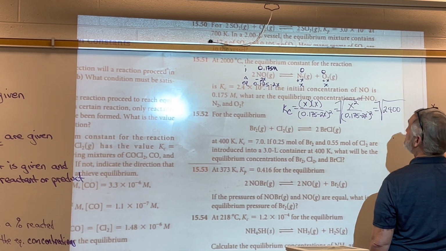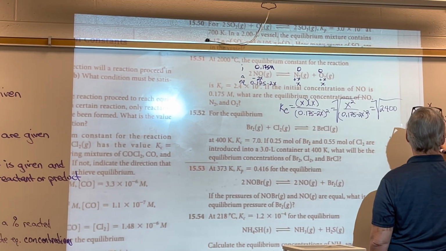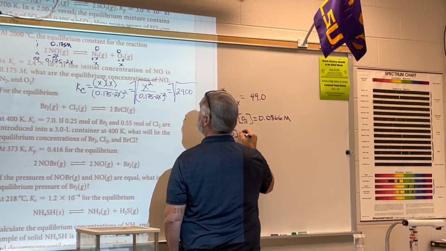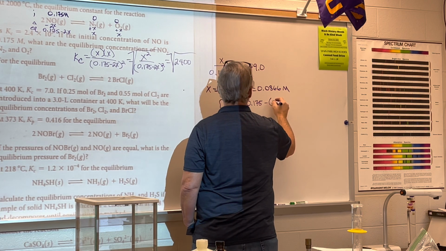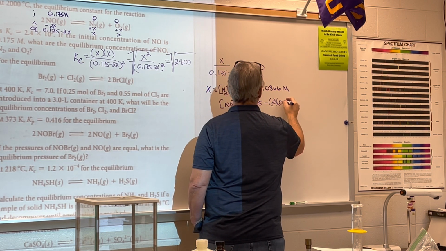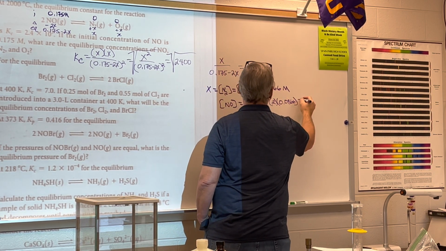And then the concentration of my NO is gonna equal 0.175 minus 2 times 0.0866.